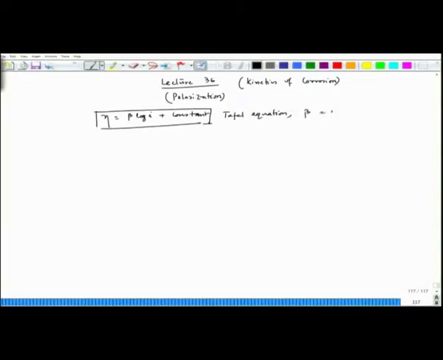Beta is Tafel slope, and there also we have seen how the experimental log I applied varies with over voltage.